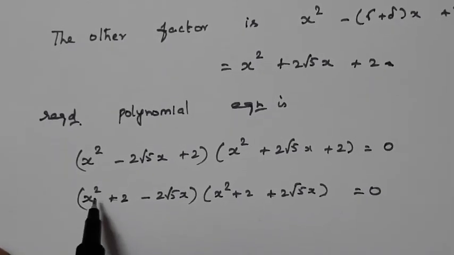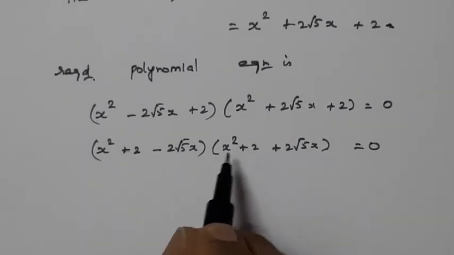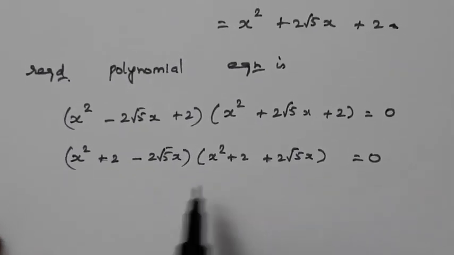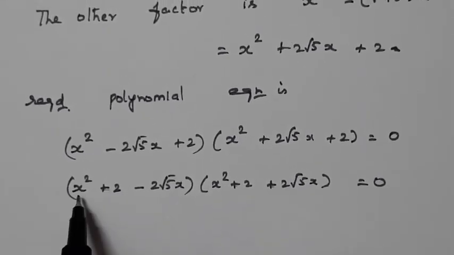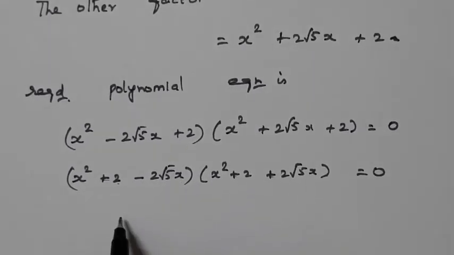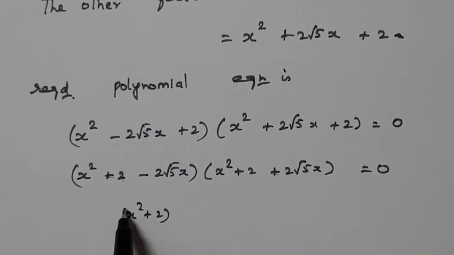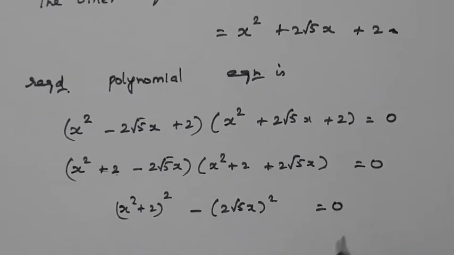So this is of the form, you have to multiply these two to get the required polynomial. So we are going to use the formula a plus b into a minus b, taking x squared plus 2 as a and 2 root 5x as b. So this will be x squared plus 2 the whole squared minus 2 root 5x the whole squared equal to 0.